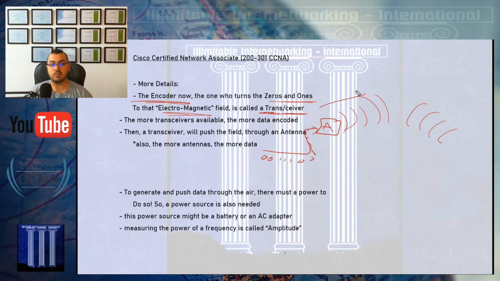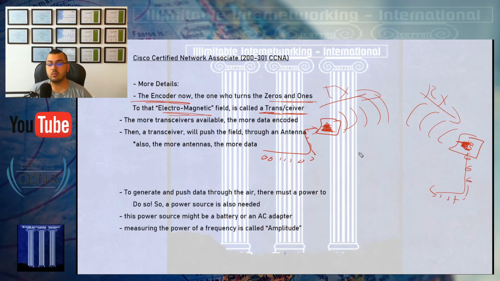So it's transmitting them, TX, to this side, which is receiving them, RX, on the other side at point B, and there will be the same component, the same transceiver, exactly on this other side that will receive this electromagnetic field and turn it to zeros and ones again and send it to the wired network.